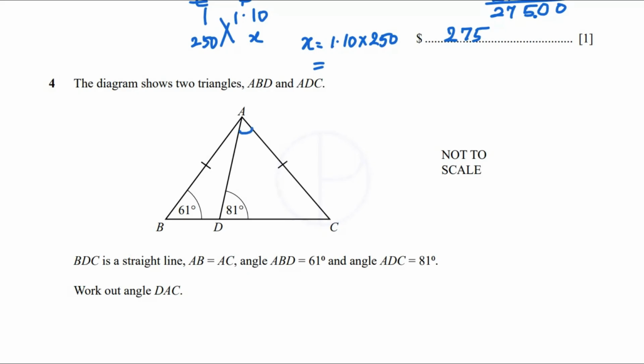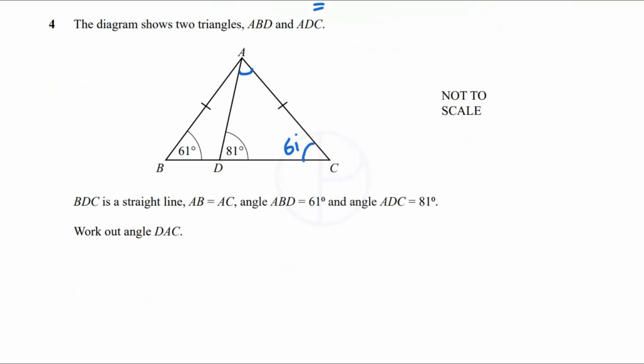Okay. So the side AB and AC are equal. That means this is an isosceles triangle. So the angle at B will be equal to angle at C. So this angle is also 61. Now we know sum of angles in a triangle is 180.